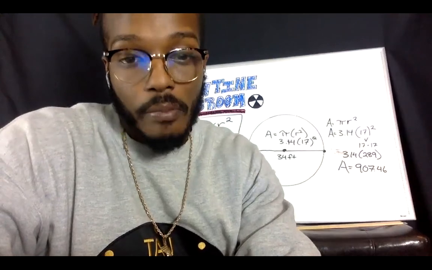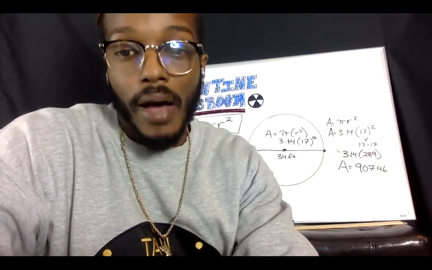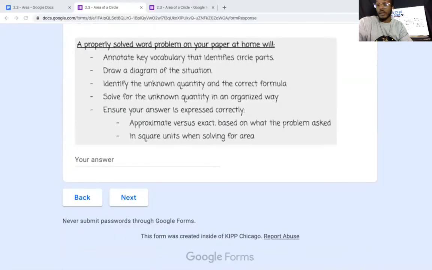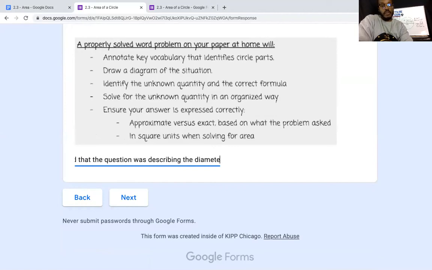And I'm going to go back into this and model what the kind of answer is that I'm looking for. The first thing I want you to say is, I noticed that the question was describing the diameter of the circle.